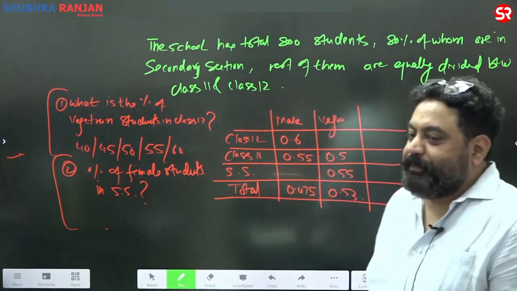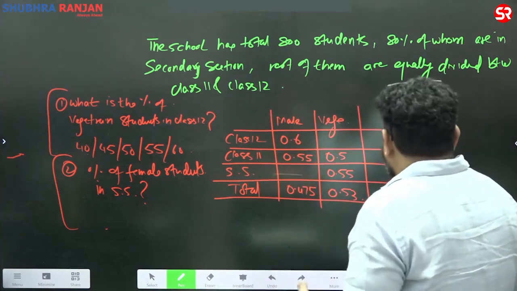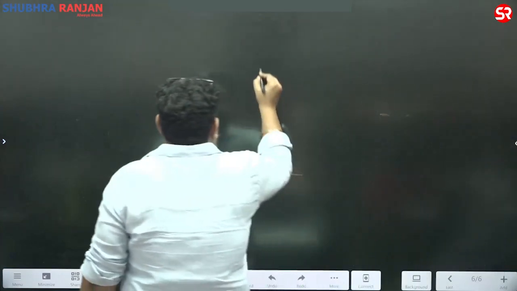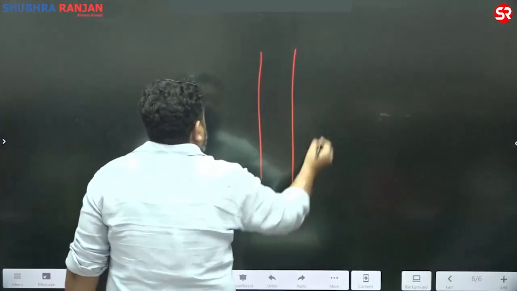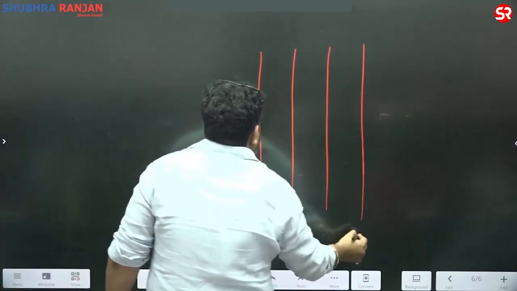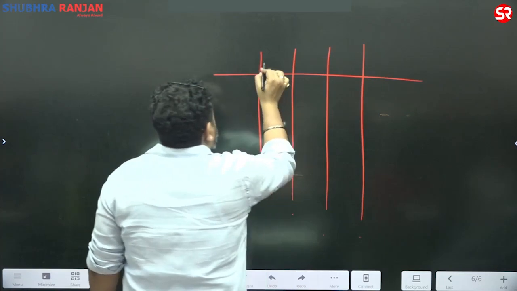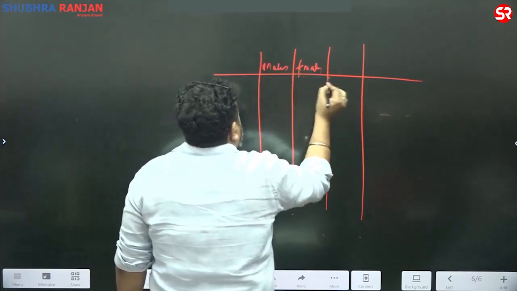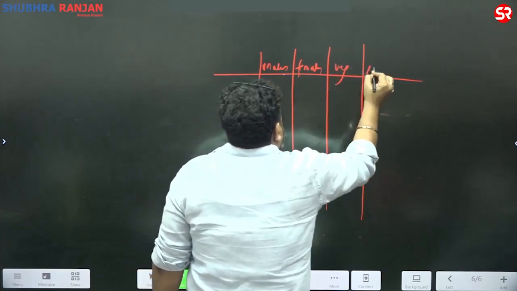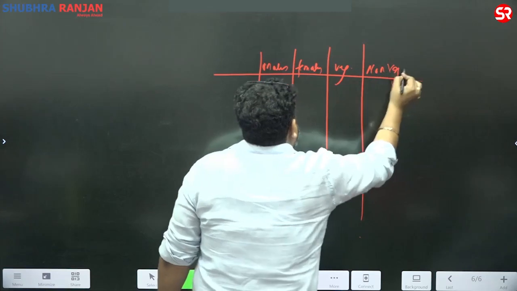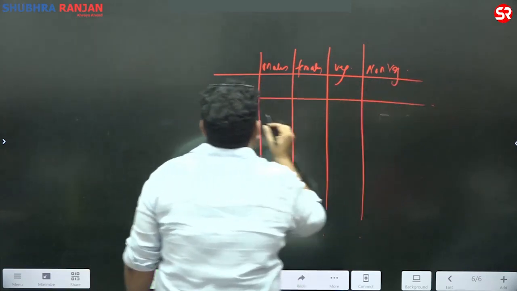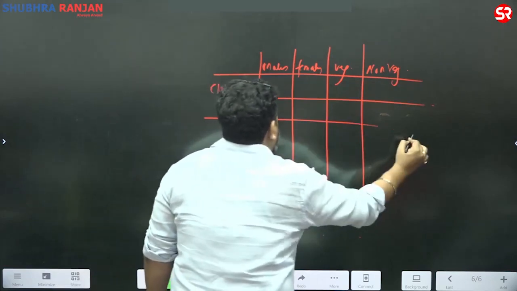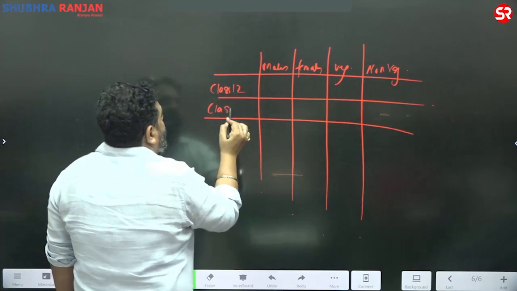Now listen to me. Just a moment. Let me change the data I am changing. There you go. It was males, make females also. It was vegetarian, make non-veg also. Right? Now tell me, this was class 12, and this was class 11.